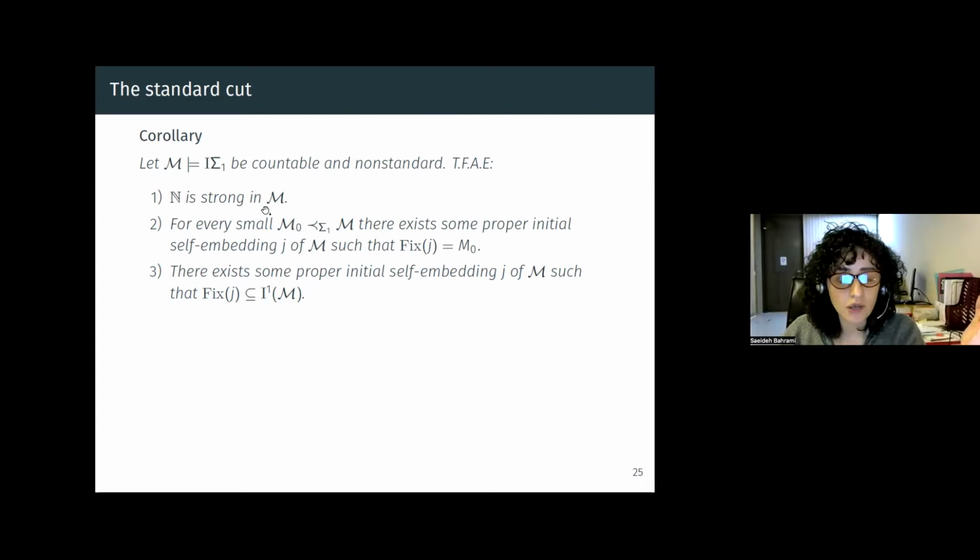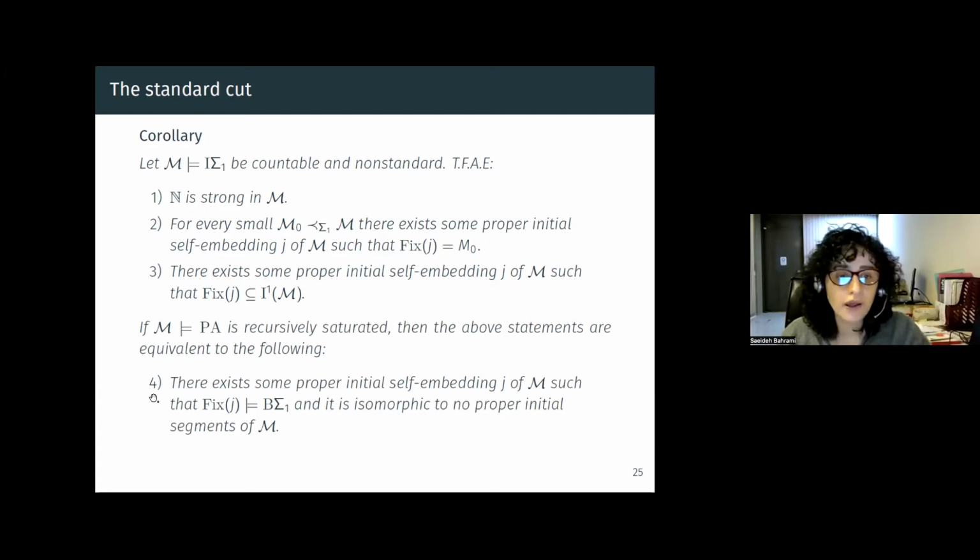So N is strong if and only if for every small sigma 1 elementary subset there exists some proper initial self-embedding such that... The equivalence of 1 and 2 is a special case of the previous theorem. And statement 3 says that there exists some proper initial self-embedding J of M such that the fixed points of J are a subset of I1 of M. I1 of M is the initial segment generated by the sigma 1 definable elements.